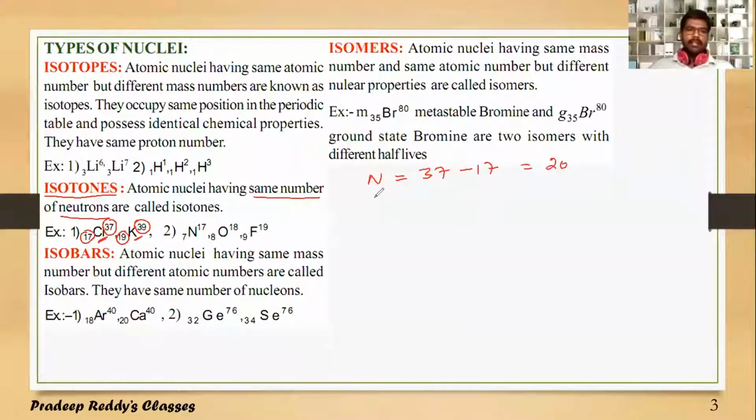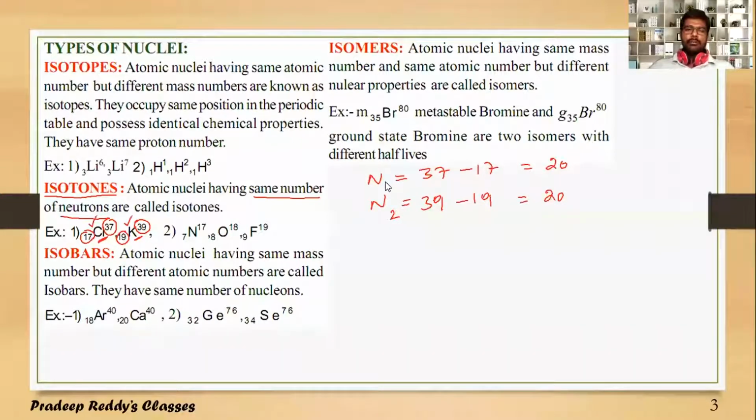Whereas in this second element, it is 39 minus 19, which is equal to 20. Therefore, the number of neutrons in this element and in this element are equal.